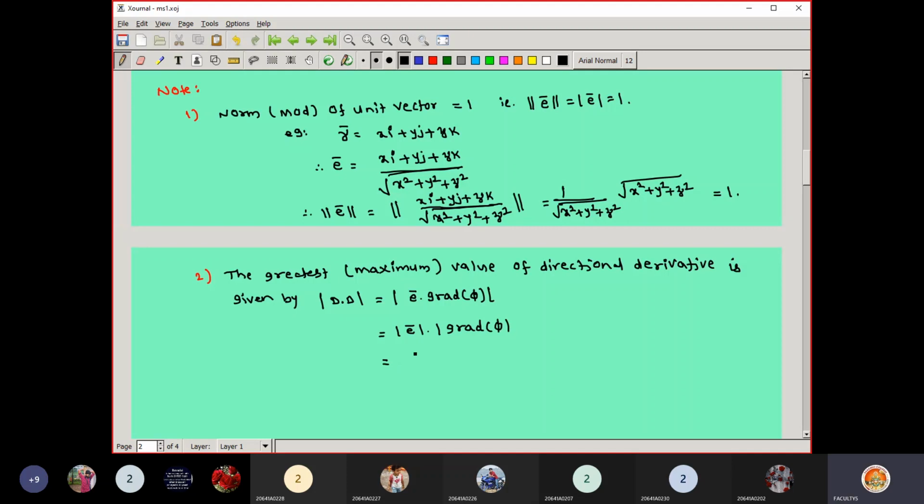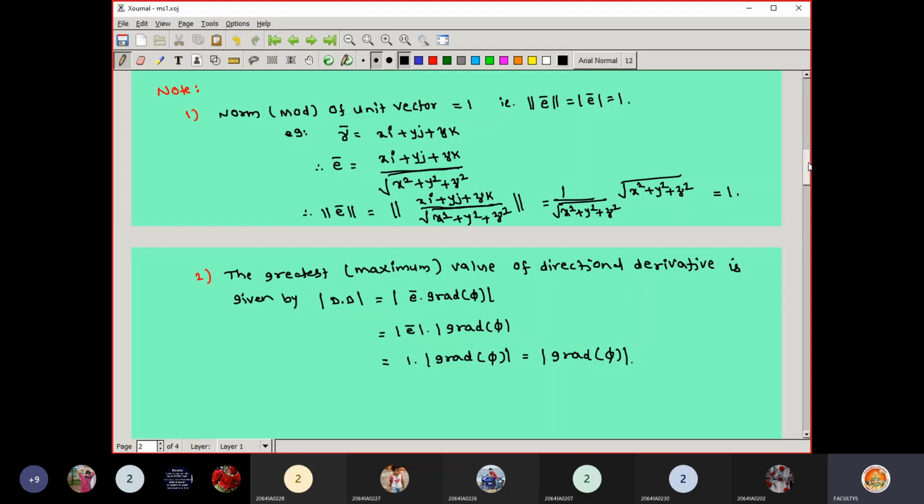What is the modulus of the unit vector? Just now we have seen its value is 1. So 1 into modulus of gradient of phi. Finally you are getting only modulus of gradient of phi. This is nothing but the greatest or maximum value of the directional derivative.